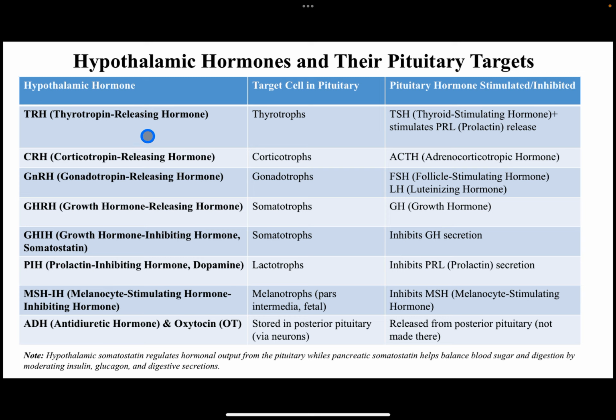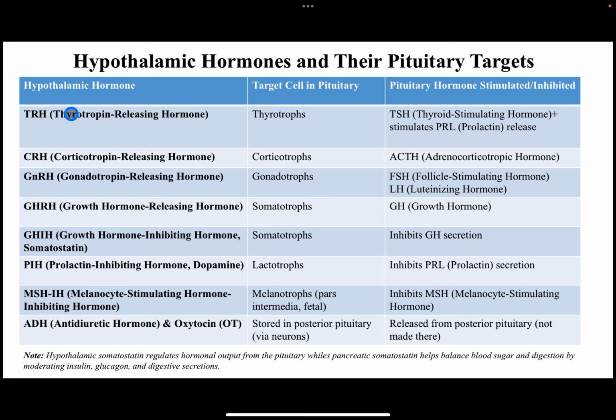The hypothalamus produces thyrotropin releasing hormone, corticotropin releasing hormone, gonadotropin releasing hormone, growth hormone releasing hormone, growth hormone inhibiting hormone, or somatostatin, prolactin inhibiting hormone, dopamine, and melanocyte stimulating hormone.